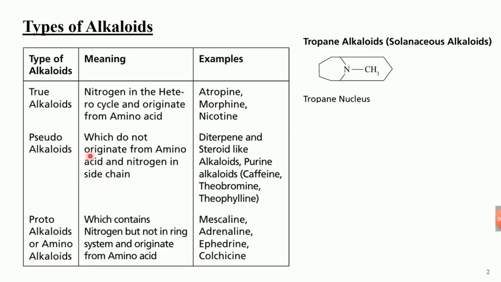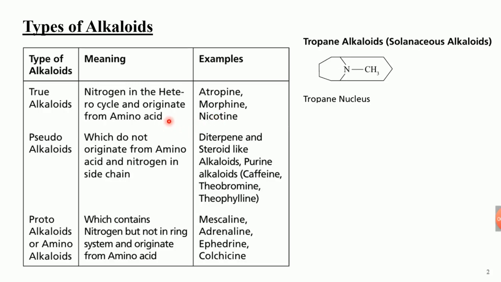But pseudoalkaloids are not synthesized from amino acids, while protoalkaloids or amino alkaloids are synthesized from amino acids. Examples of protoalkaloids are mescaline, adrenaline, ephedrine, and colchicine.